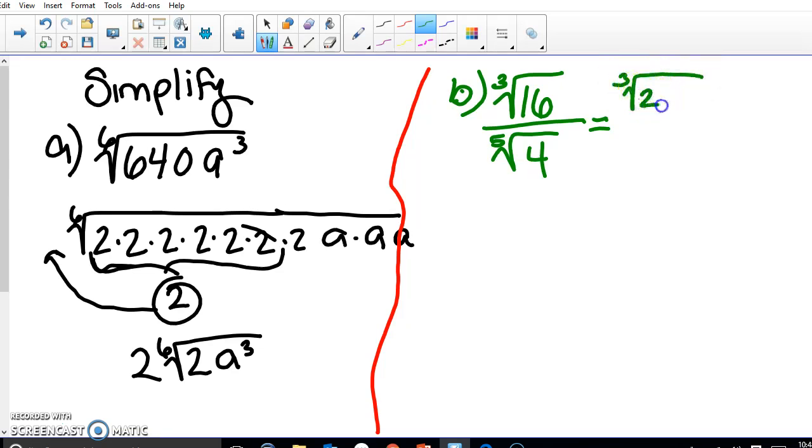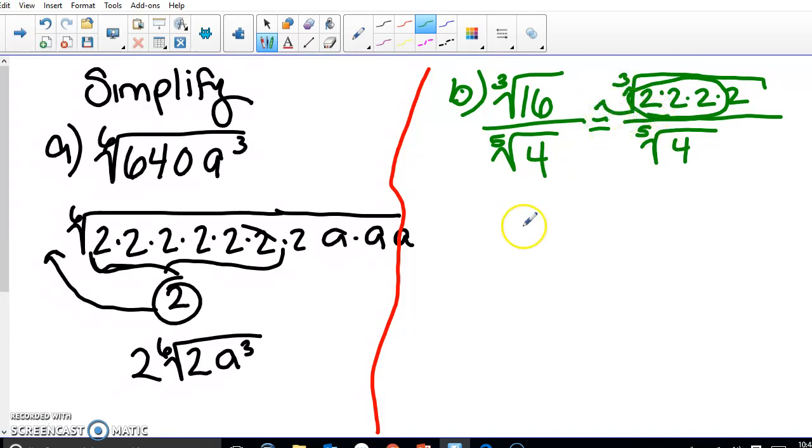So this is the same as 2 times 2 times 2. And 4 I can't go any further, so I'm just going to leave that. So these three I'm going to pull out. So I have 2 times the cube root of 2 over the fifth root of 4.